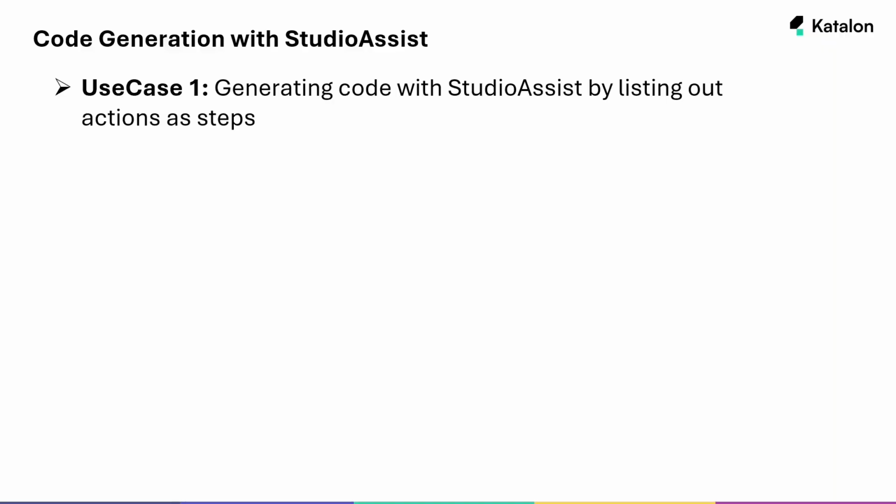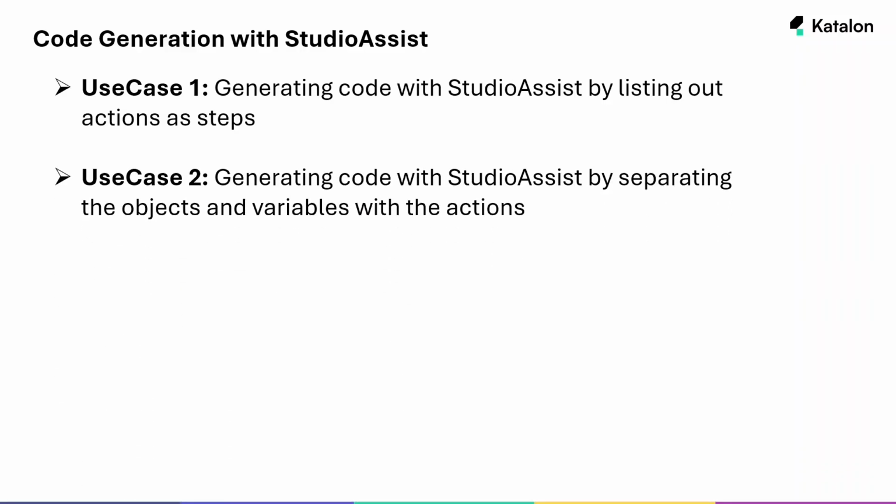Use case 1, I'm going to teach you how we can generate the code with Studio Assist by listing out actions as steps in plain English language. Use case 2, you're going to learn how we can generate the code with Studio Assist by separating the objects and variables from the actions.